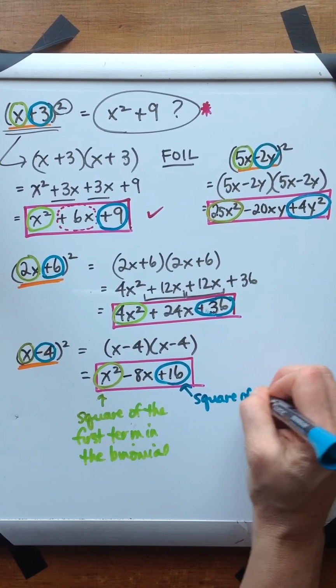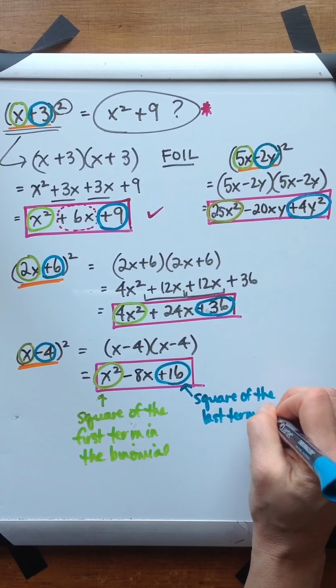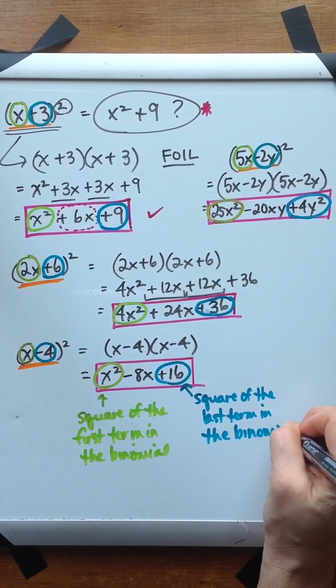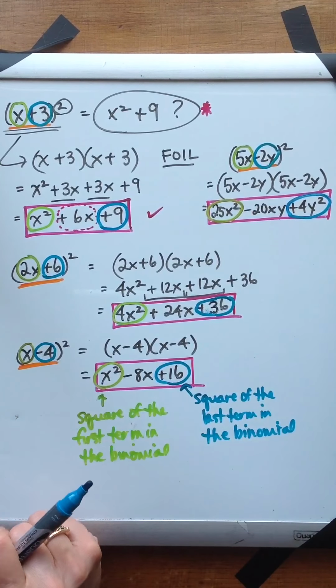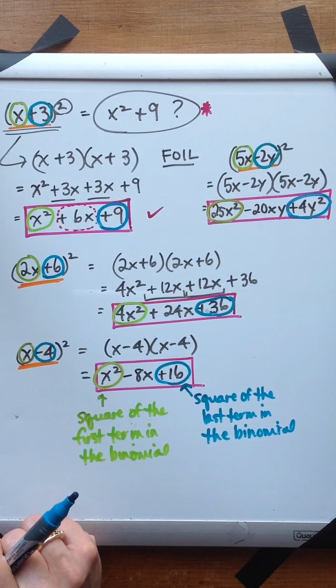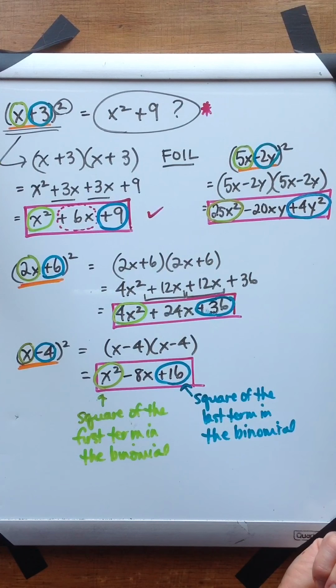It is the square of the last term in the binomial. And regardless of whether a term is positive or negative, when you square it, its answer is always positive. So it's not surprising to always see a positive at the end.